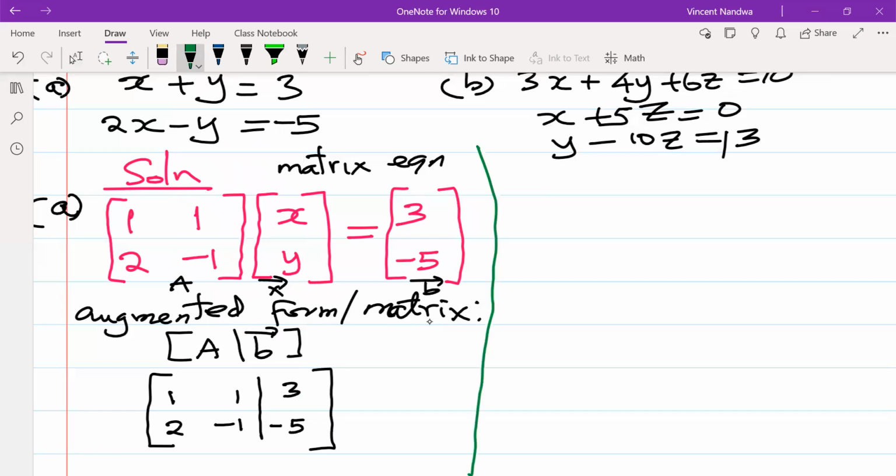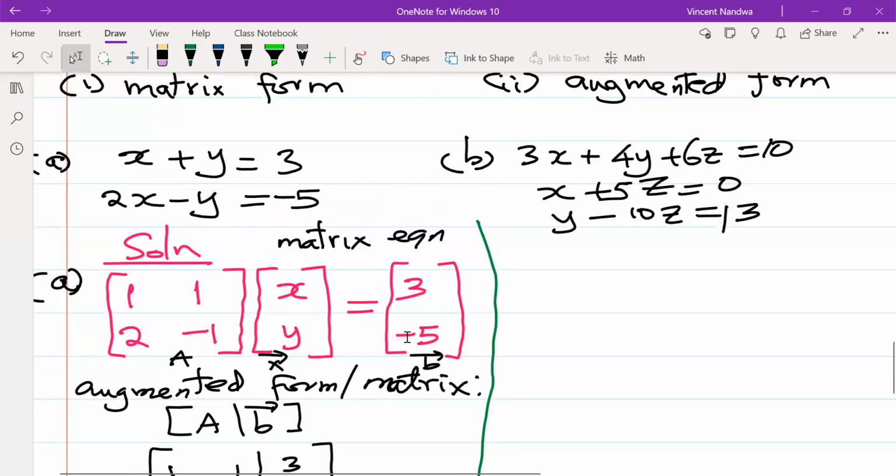Now, for the second case, how many variables are involved in that system? 3. So you write each of the equations such that there's always a position for all those 3 variables. So this is the same as 3x plus 4y plus 6z equals 10.